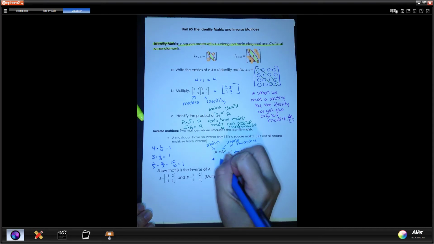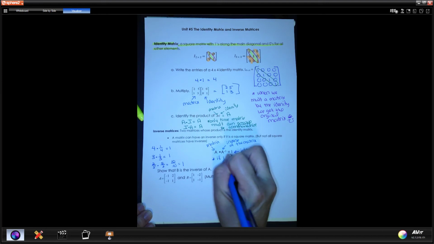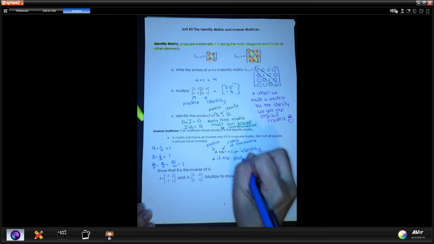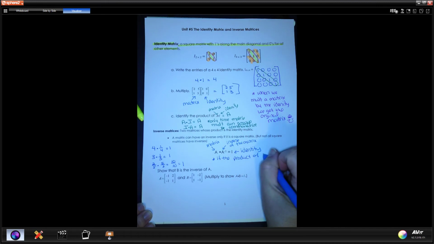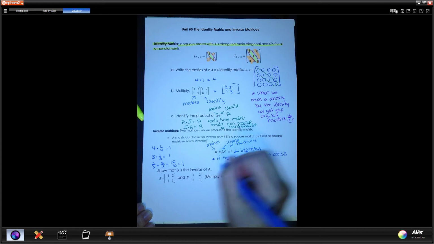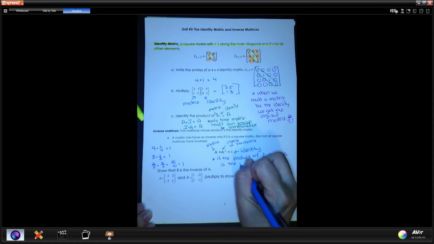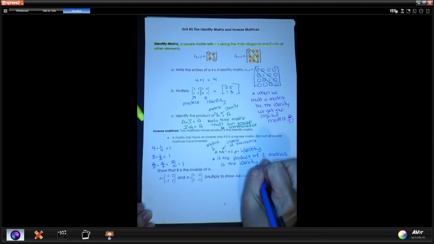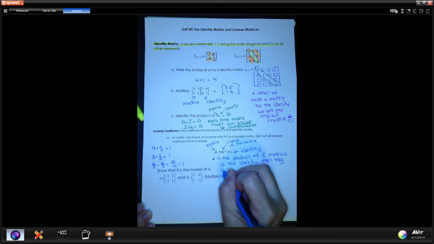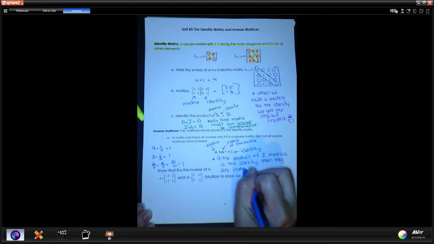So if the product of two matrices is the identity, then they are inverses of each other.